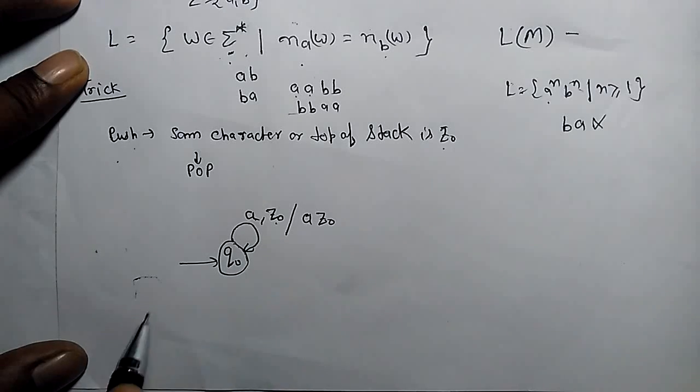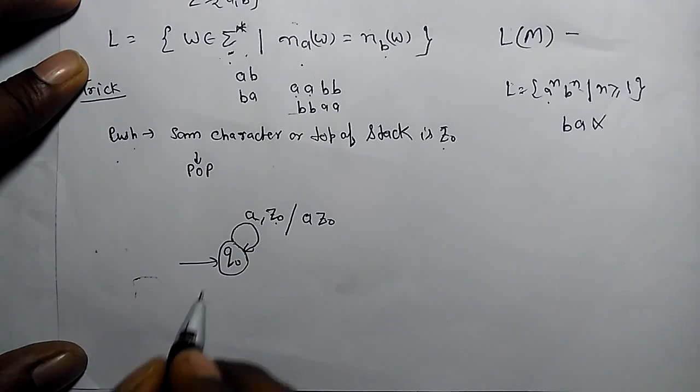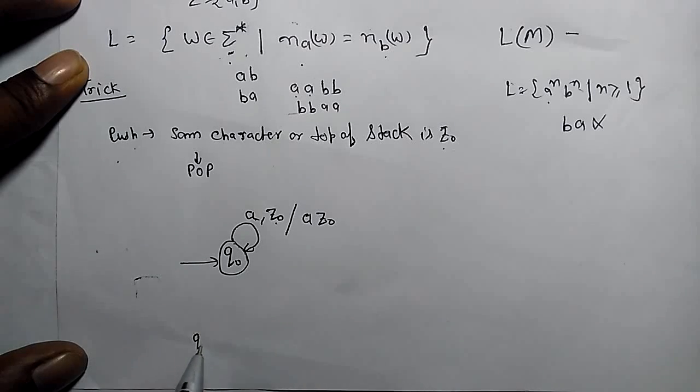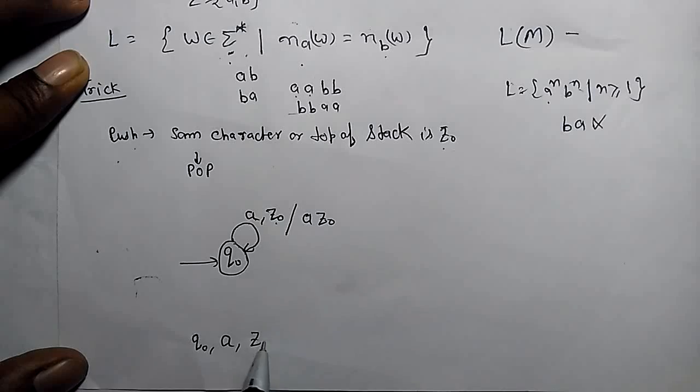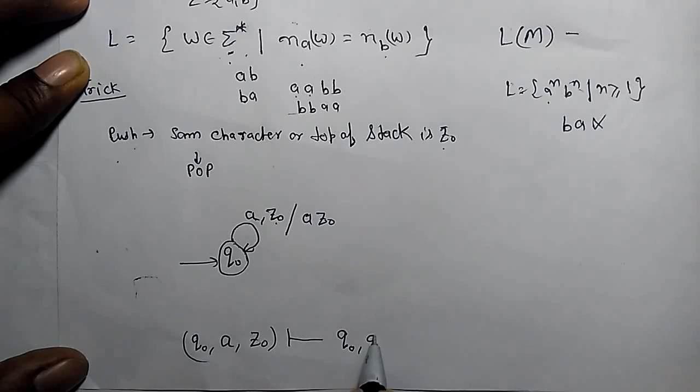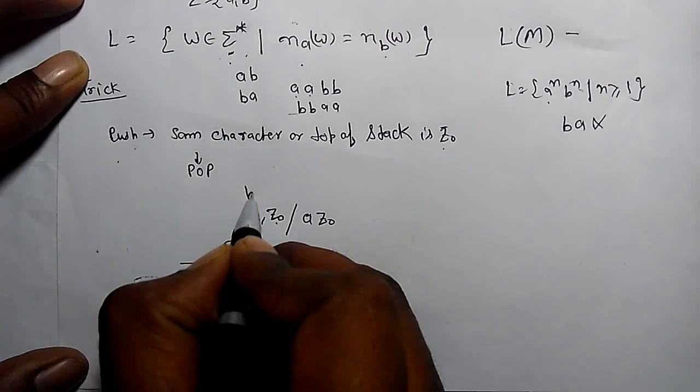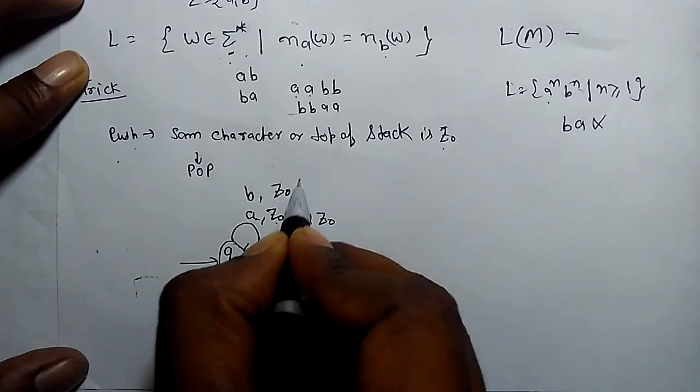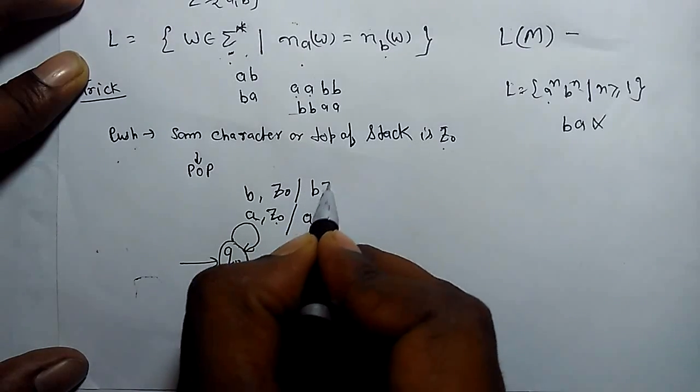That can also be described in instantaneous description. You read q0, A is the input symbol and Z0 is the top of the stack, and it moves to the same state q0 with AZ0 as the stack, and now the top of the stack is A. If you read B and the top of the stack is Z0, again you perform push operation.